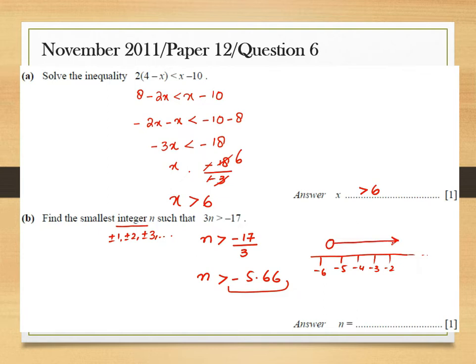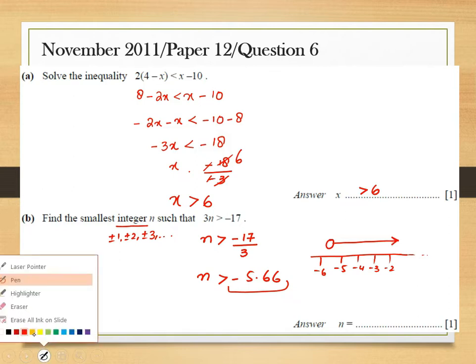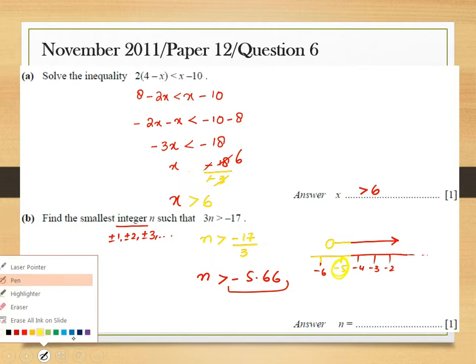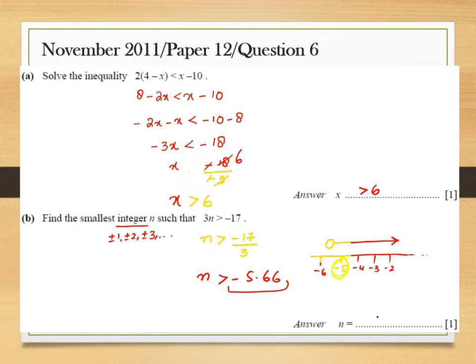So if we check the first integer value here, the first integer value is minus 5. So the answer is minus 5, the smallest integer value.